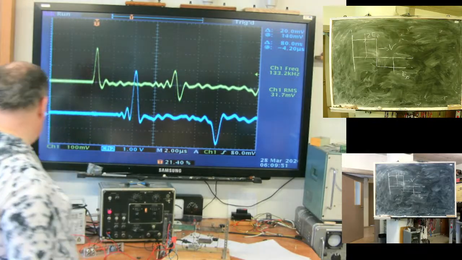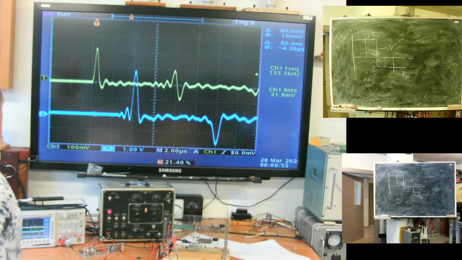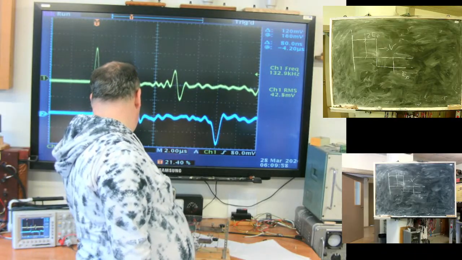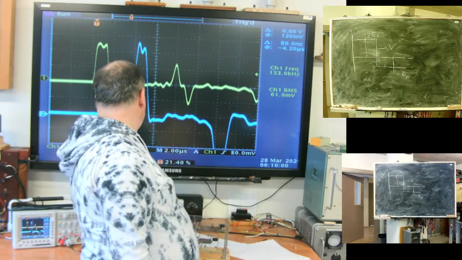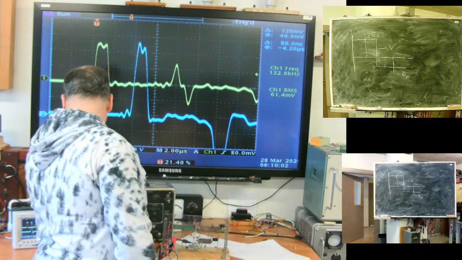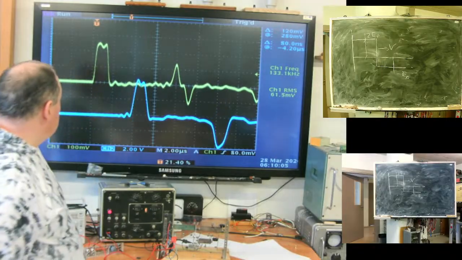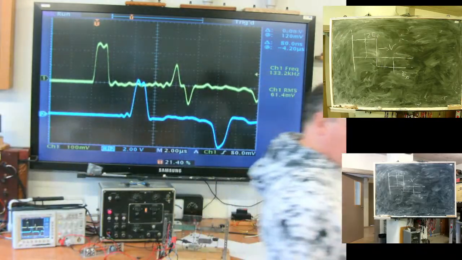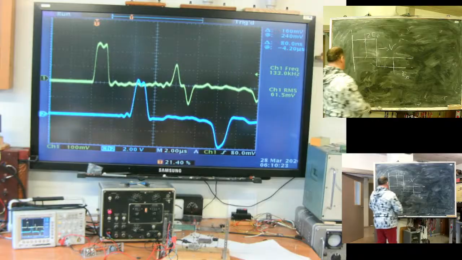It's a different time scale, sorry. I didn't switch the time scale. Now, the first line is open, the yellow line is the sending end, and the blue line passes at the end of my system.